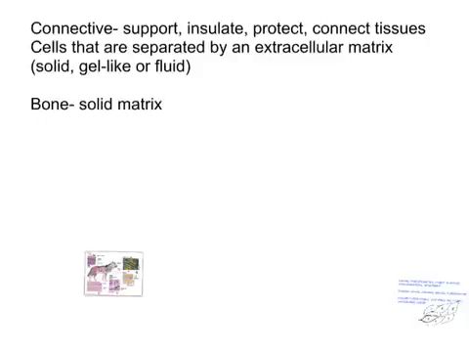Now we'll go back to Jason and Rob again. Give me another example of a connective tissue. Cartilage. What does cartilage do? Like a shock absorber. Shock absorption. There are several different types of cartilage.